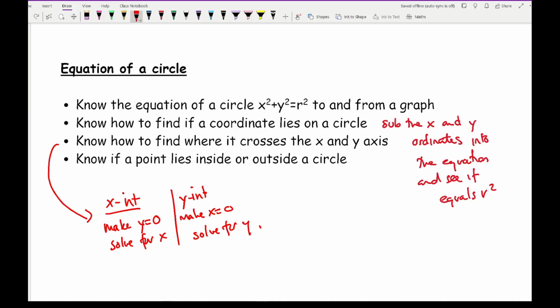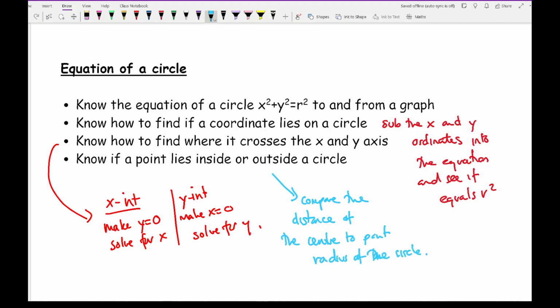And the other thing you need to know is whether a point lies inside a circle or outside a circle. Now, for this, all you need to do is compare the distance. I don't think this will come up because I think they would have made it a little bit more specific on the revision list, but compare the distance from the center to the point with the radius of the circle.